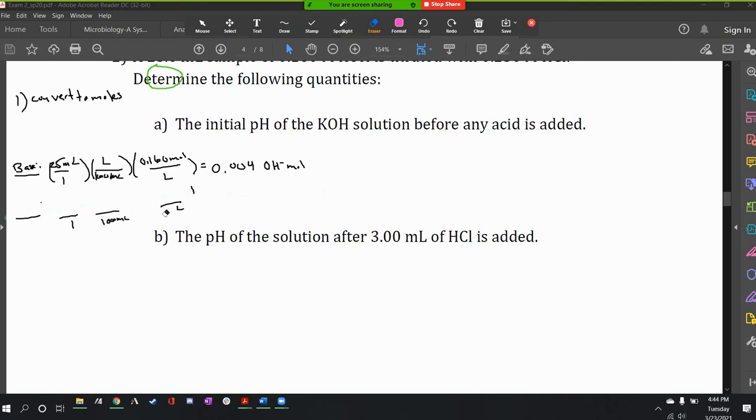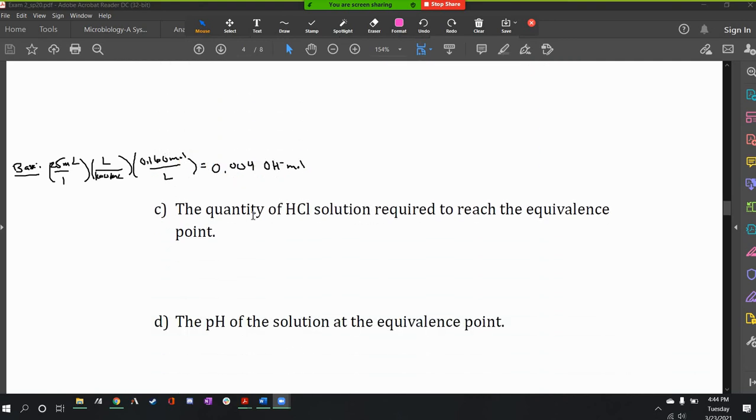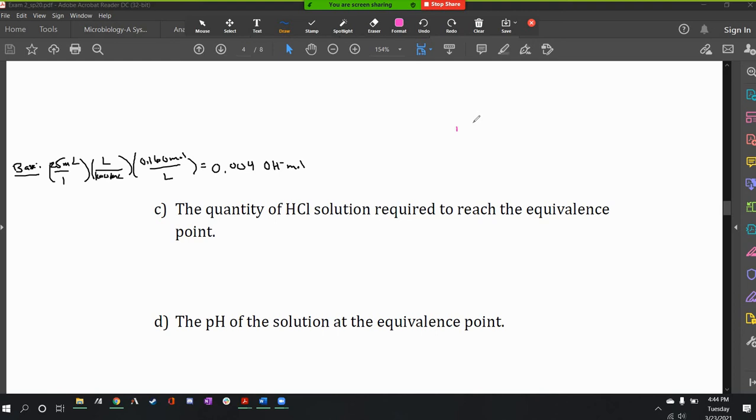All right. So part C says, now we're starting to talk about the equivalence point. Quantity of HCl solution required to reach the equivalence point. So equivalence point is defined as the point in the titration where the moles of acid equals the moles of base. Moles are important.